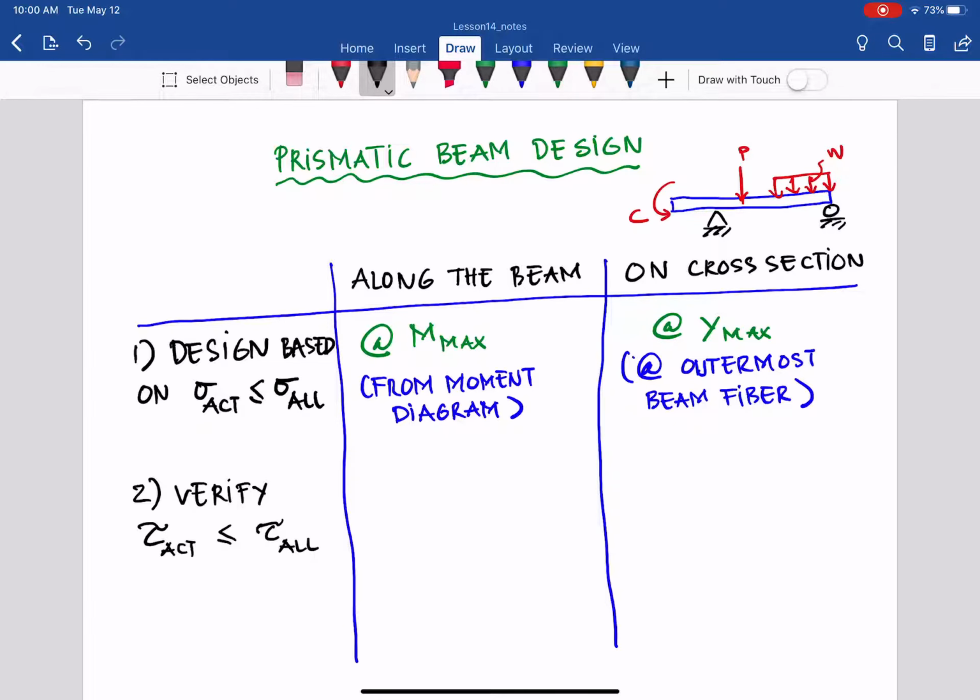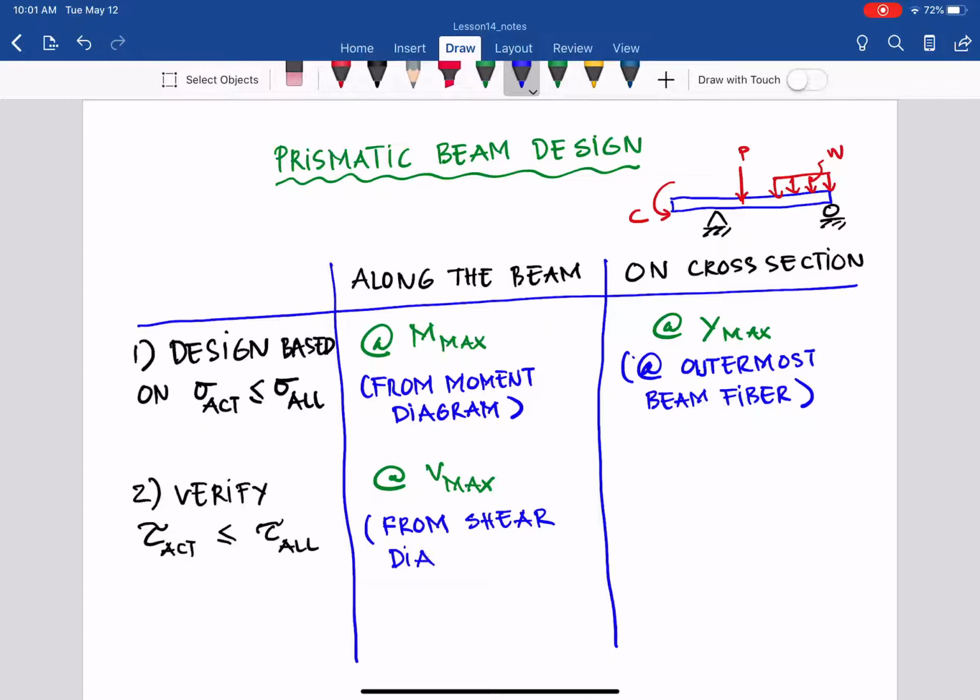Because this is shear, we are looking for V max. And how do we find V max? Of course, from the shear diagram.